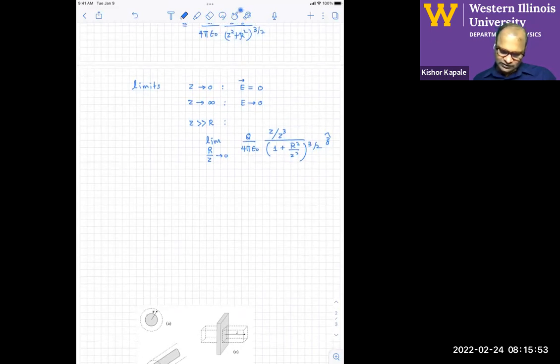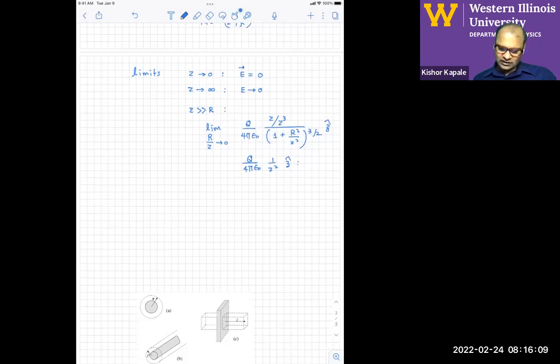So then the limit will be 1 over 4 pi epsilon 0. We can apply the limit now. The denominator will basically just become 1. So z over z cubed is essentially just 1 over z squared, z hat. Is everybody happy with that? Why? Because that looks like Coulomb's law, right?